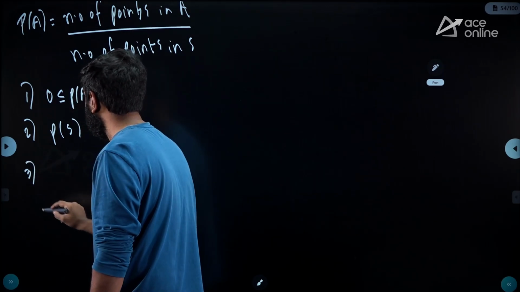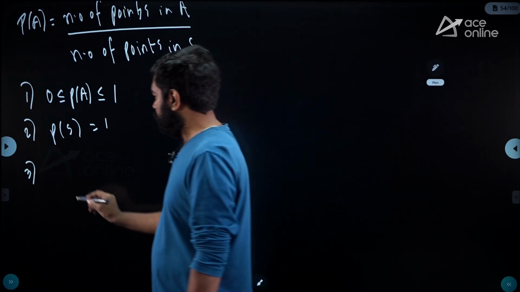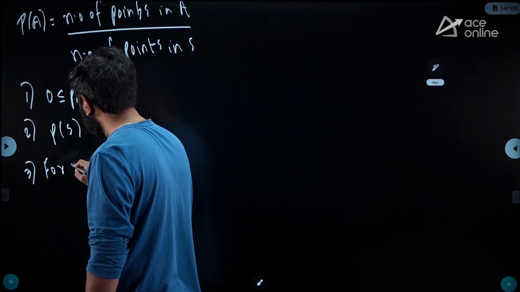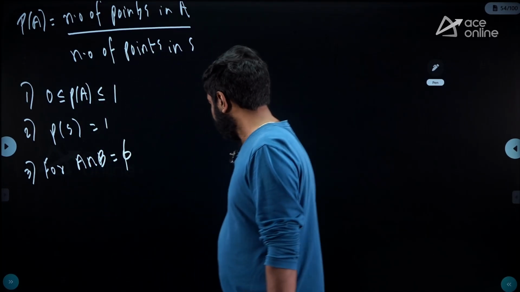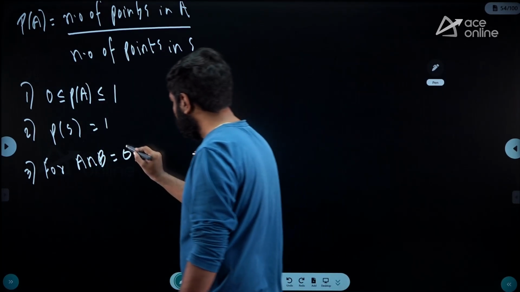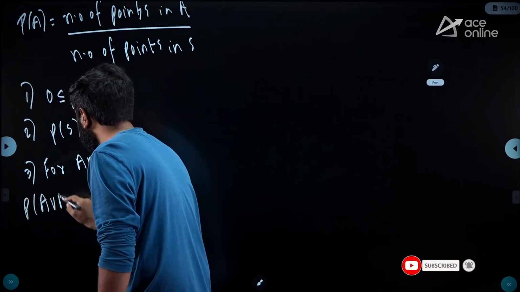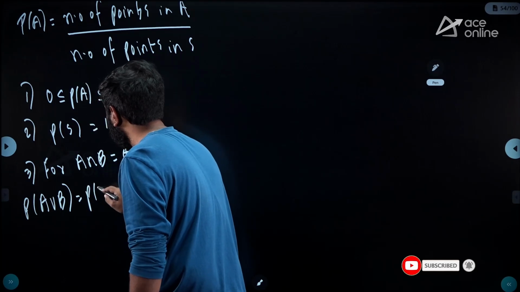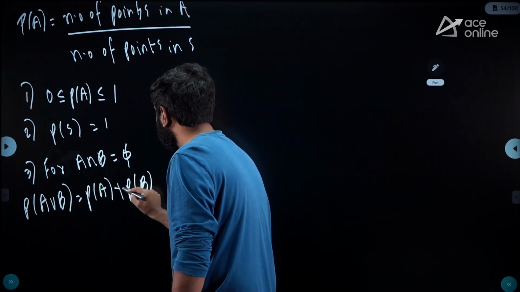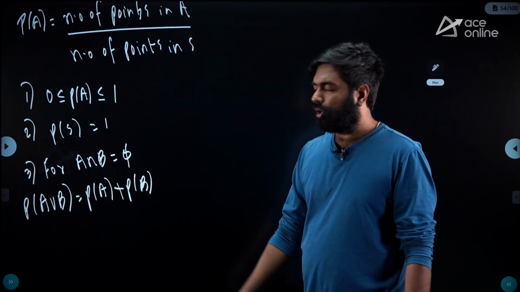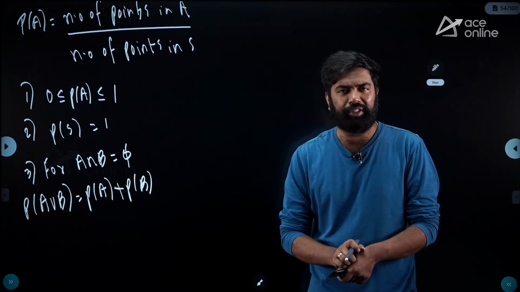The third one is for mutually exclusive events, that is, for A intersection B equal to null set, we have this interesting result, that is P of A union B is equal to P of A plus P of B. So when you have mutually exclusive events, the probability of the union is equal to the sum of the individual probabilities.